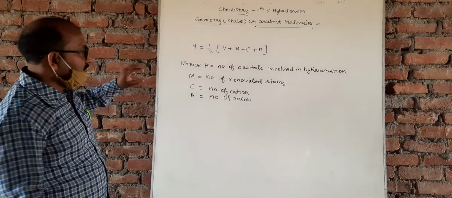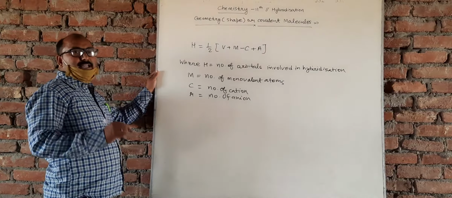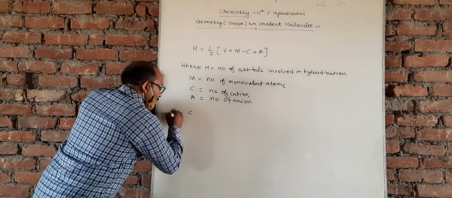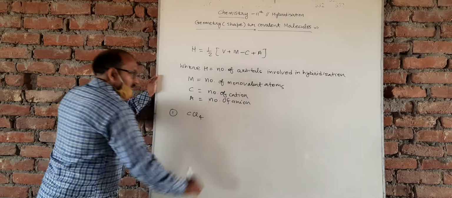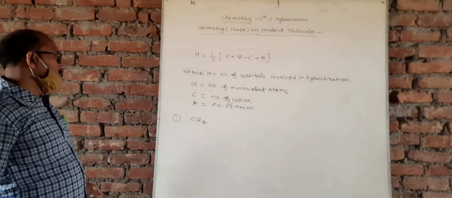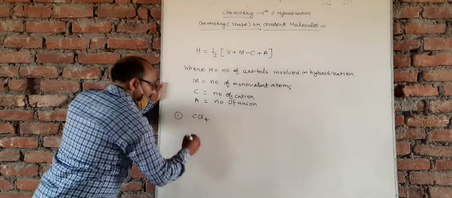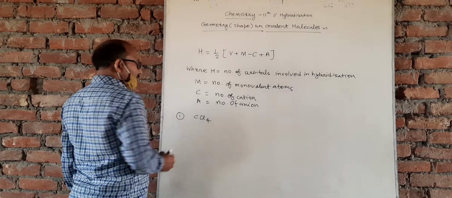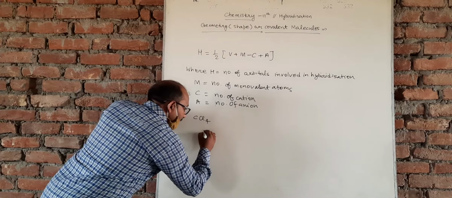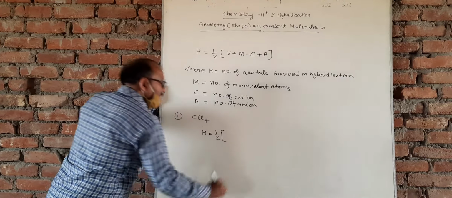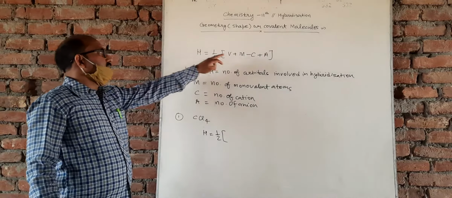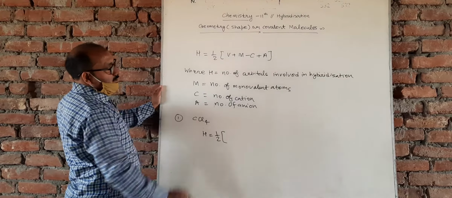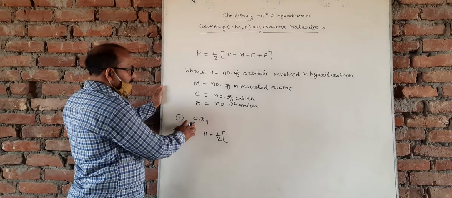So let us take an example, CCl4. Using the formula, the value of capital H equals 1 by 2, where V is the number of valence electrons in the central atom.